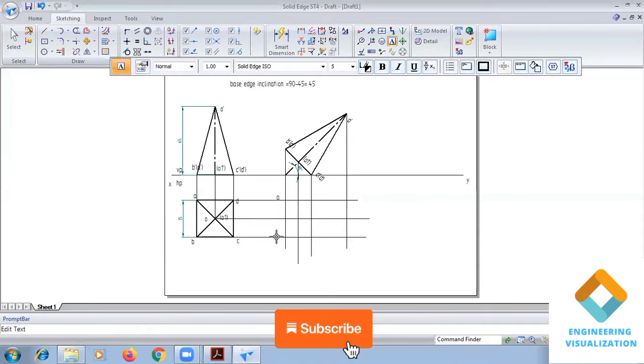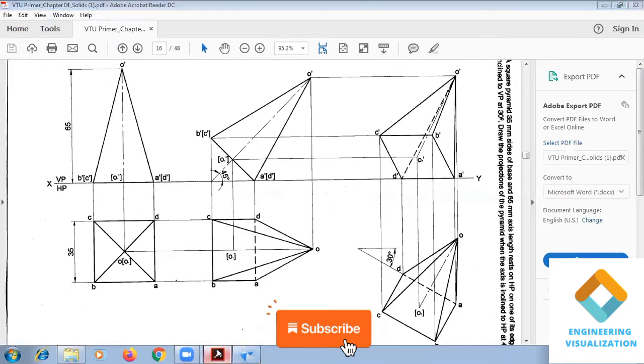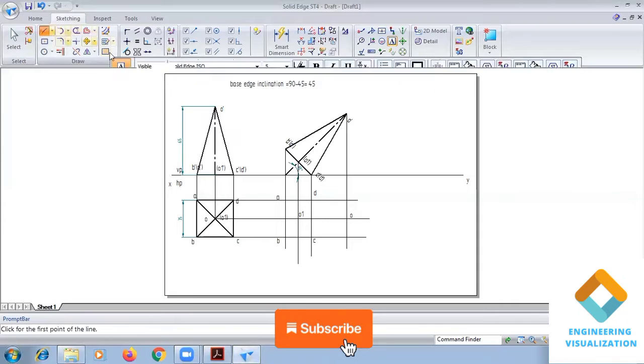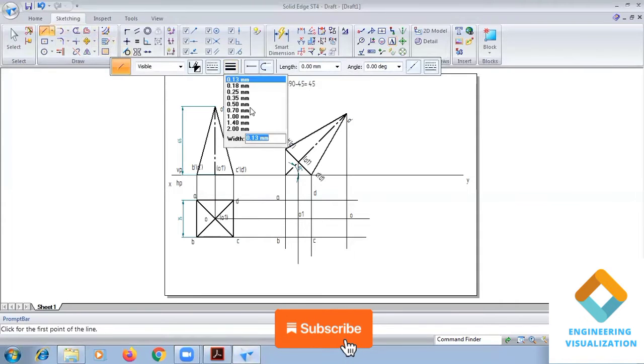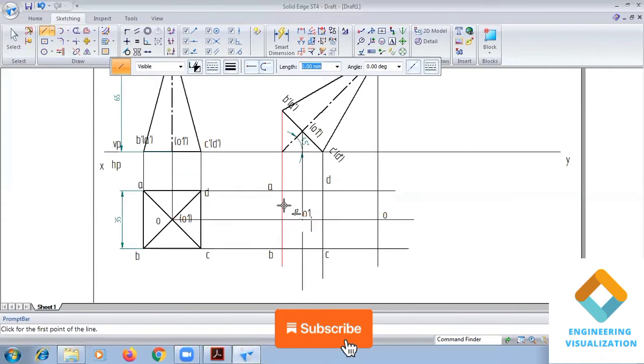So here we have A, B, C, D. So outer boundary line we have to draw. We have to draw outer boundary line.